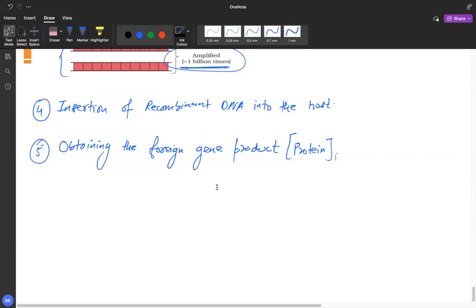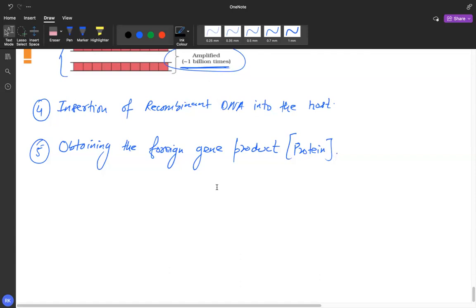It is a foreign DNA that we put inside a bacteria. The bacteria naturally does not produce that protein because naturally it does not have that gene. We put it inside using a plasmid. So therefore, this protein is called recombinant protein. You understand? There is a 1 marker question. What is a recombinant protein? You can write down.